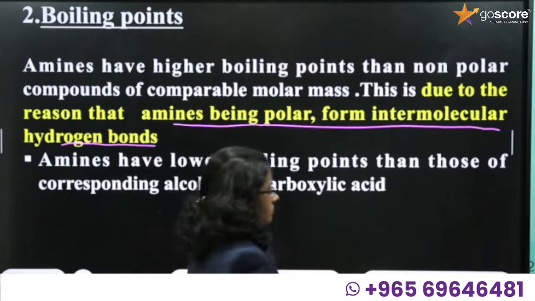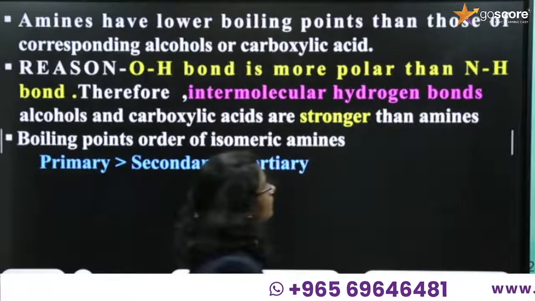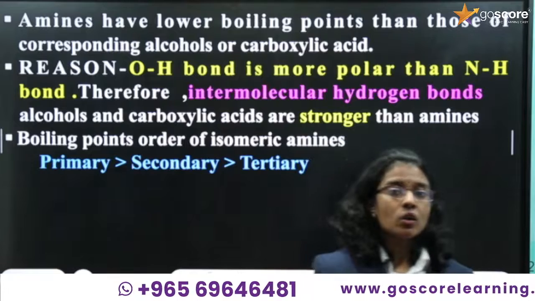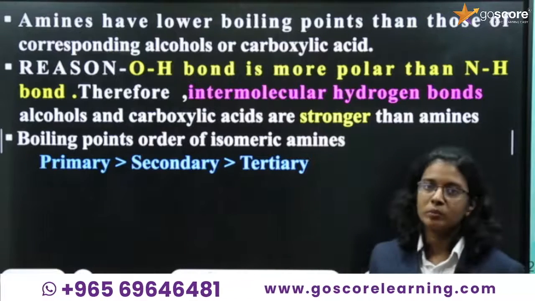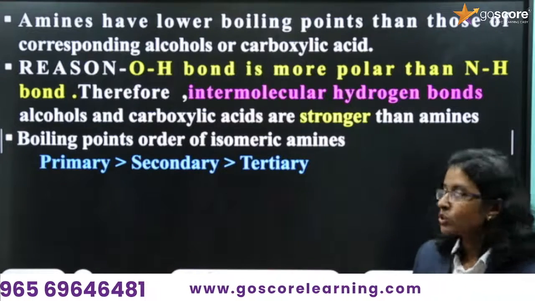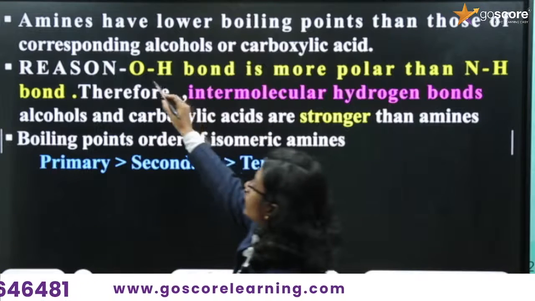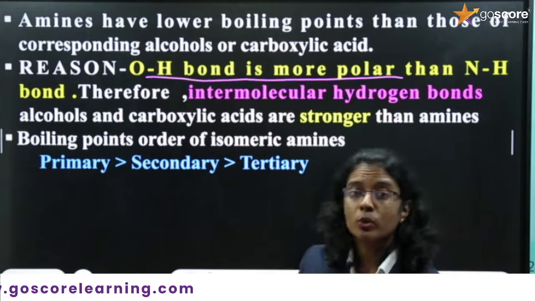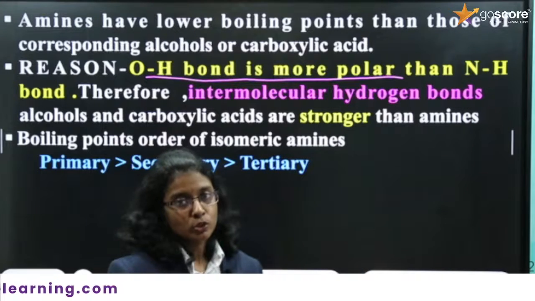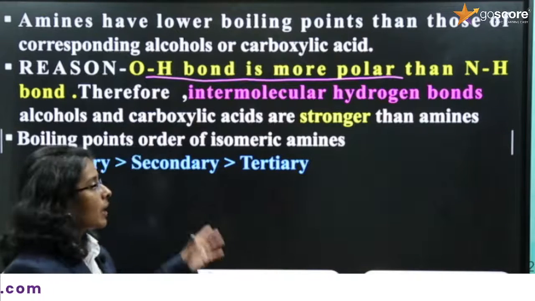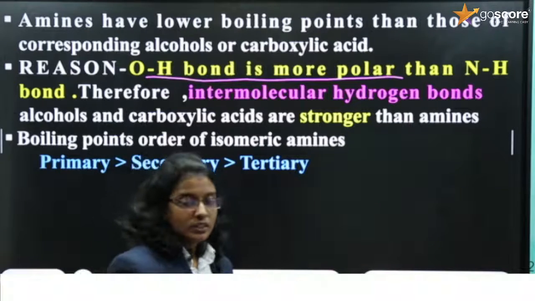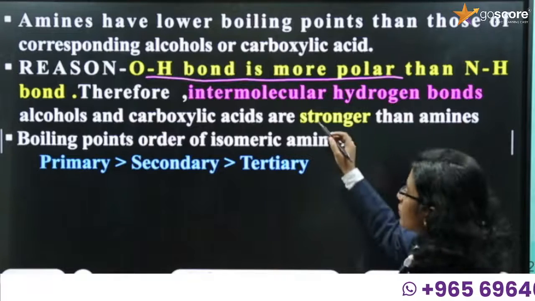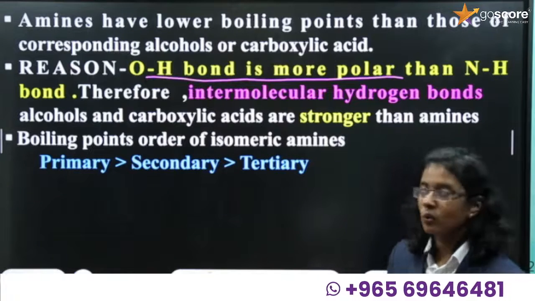Okay. The next one: if you compare with carboxylic acid and alcohol, amines have a lower boiling point. Why? You know that the OH bond is more polar than the NH bond. That's why amines have lower boiling point than carboxylic acid and alcohol.